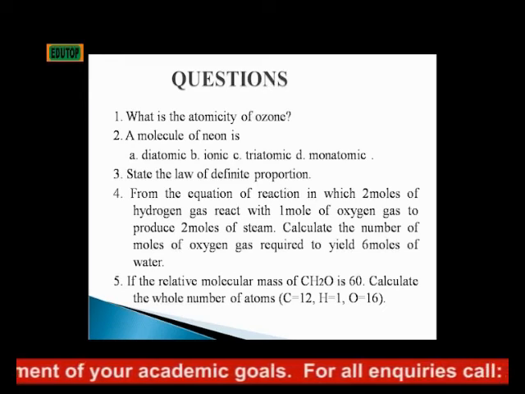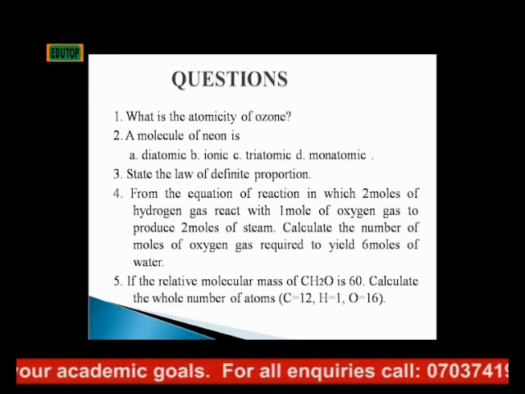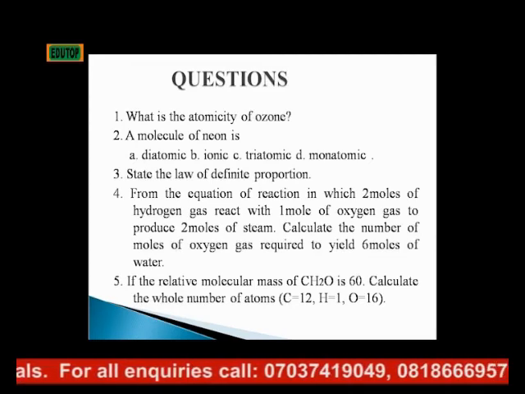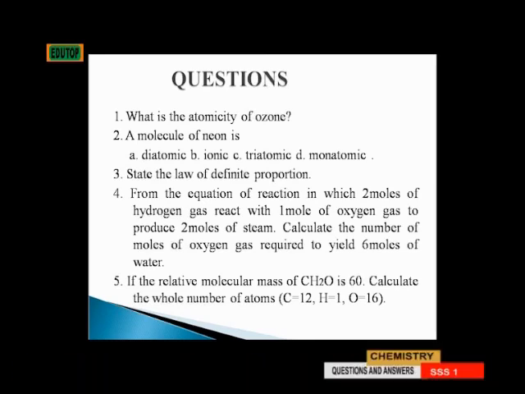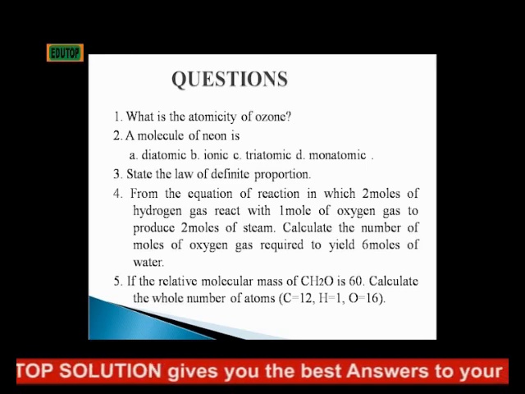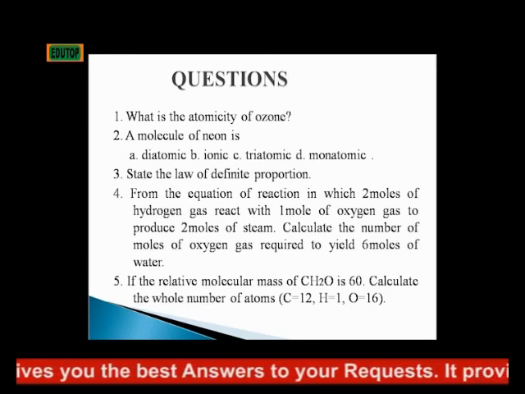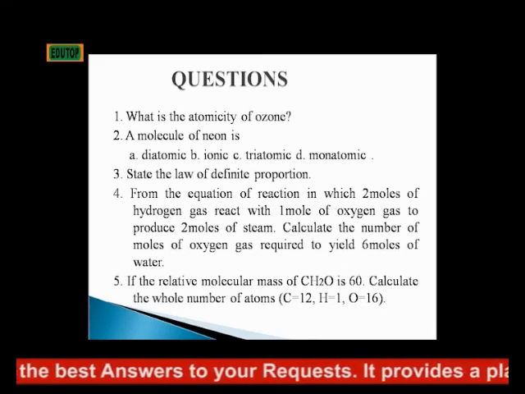Number 5. If the relative molecular mass of CH2O is 60, calculate the whole number of atoms, where carbon is equal to 12, hydrogen is equal to 1, oxygen is equal to 16.